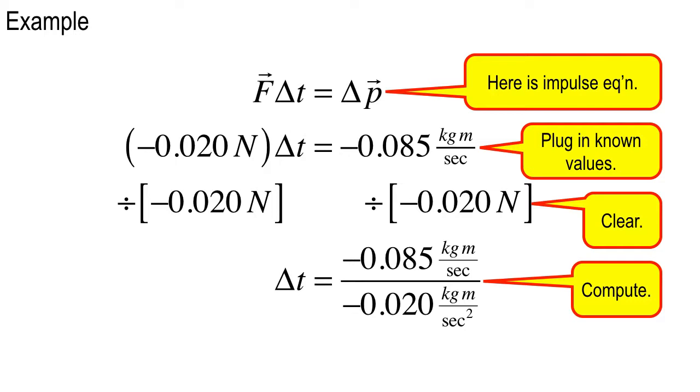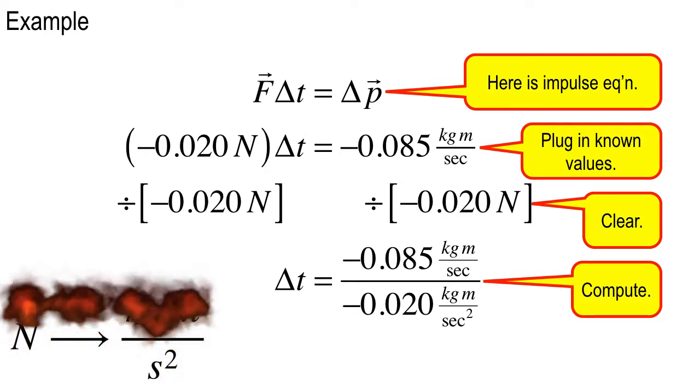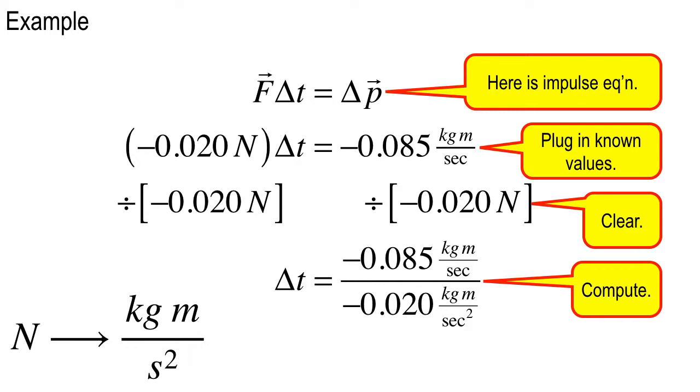But notice in the denominator, I don't have newtons. I have kilogram meter per second squared. But guess what? That's the same thing as a newton. And the reason I put it in that form, instead of just writing down newtons, is to show you that all the stuff, you can just look at it and see a lot of stuff that cancels. Kilograms, top and bottom, cancel.